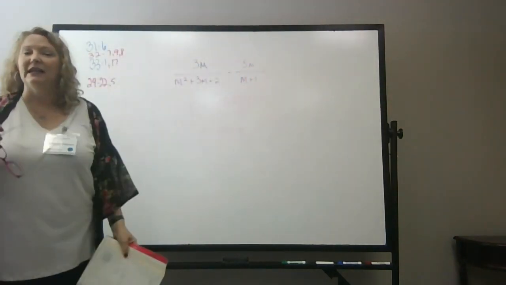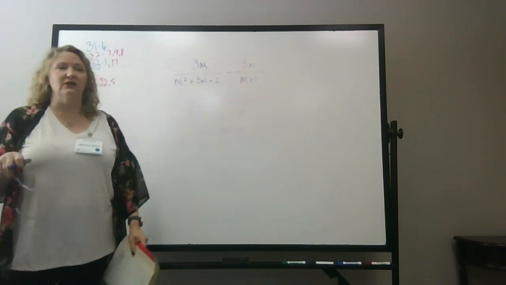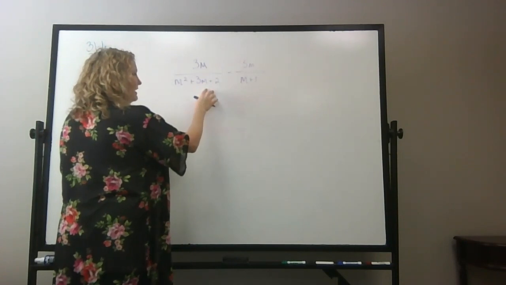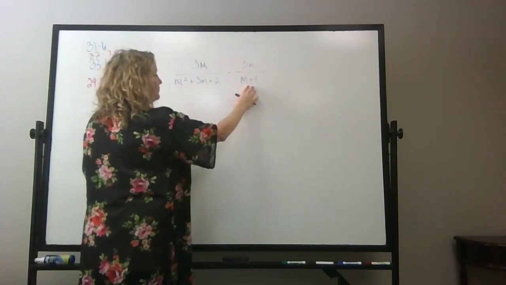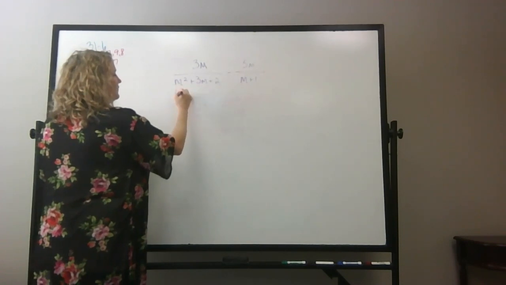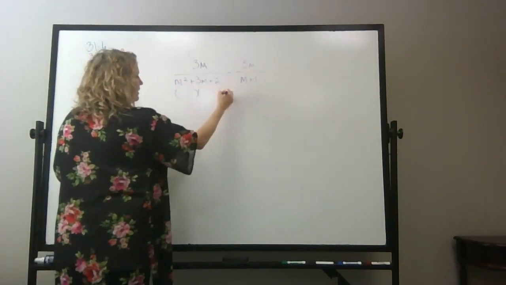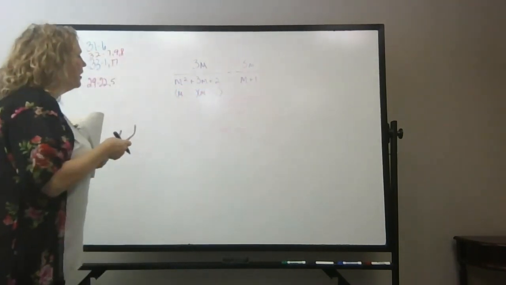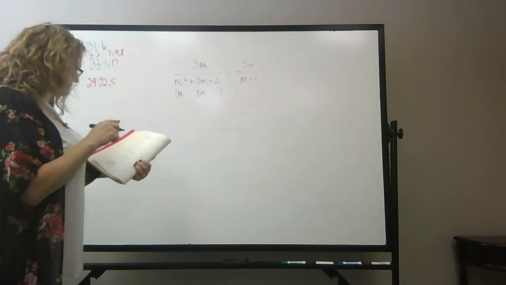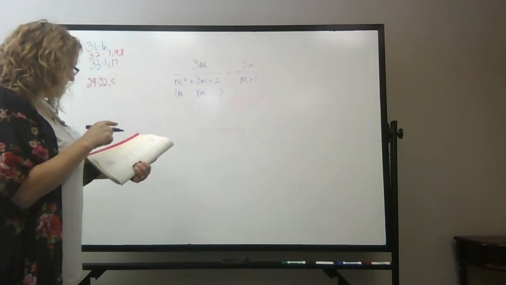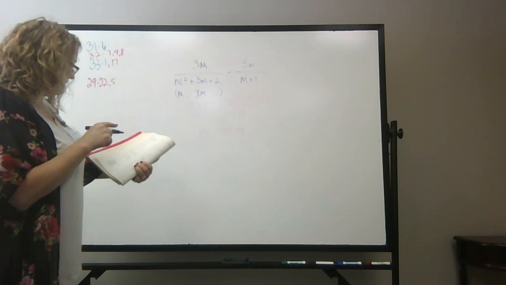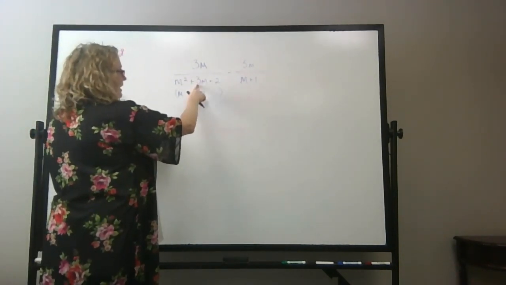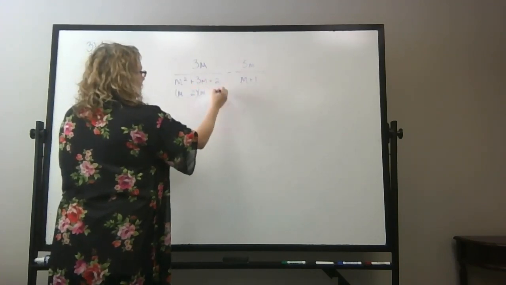Remember that I need to get a common denominator. Most likely, if I factor this, I'm going to find that it has one of the factors. If I factor m squared plus 3m plus 2, my m squared comes down as m and m. Then I need factors of 2 that combine to get 3, so I'm going with 2 times 1.